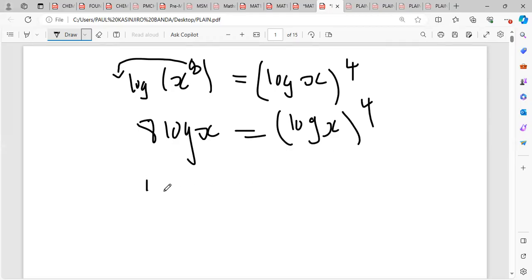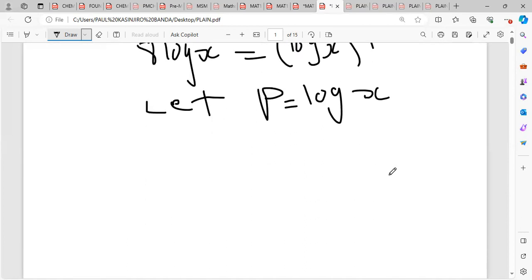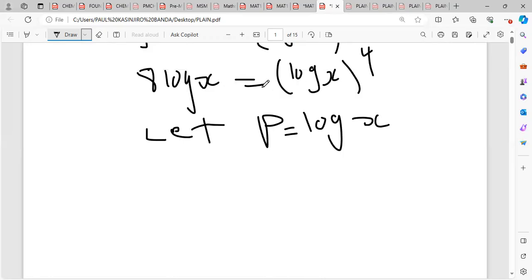Then now you say let p, you can choose any letter, be equal to log x. So wherever there's log x in this function, I'm going to replace it with p.